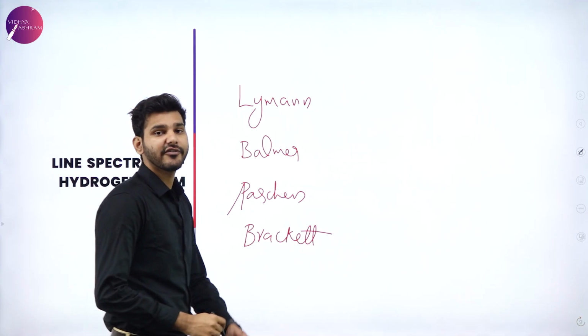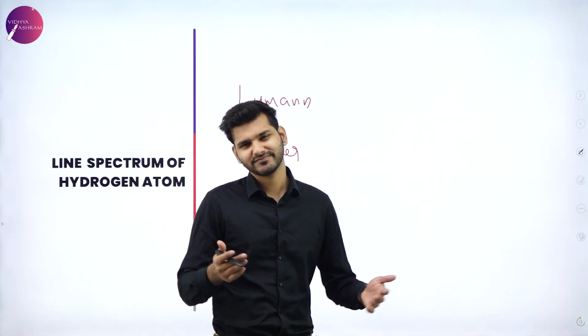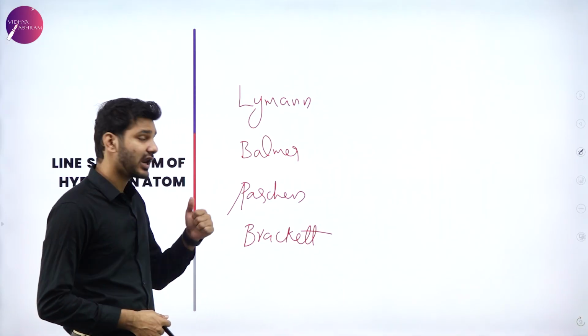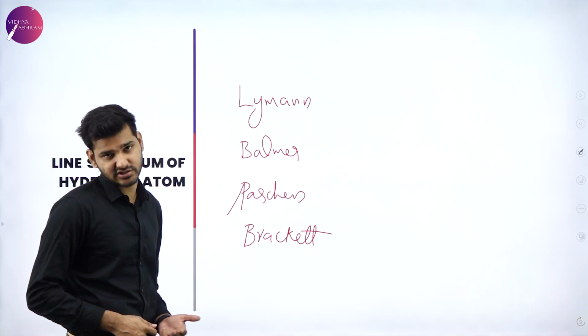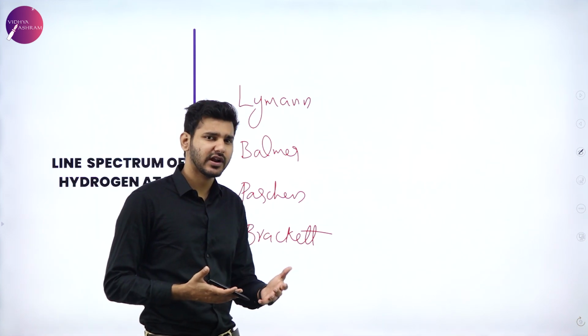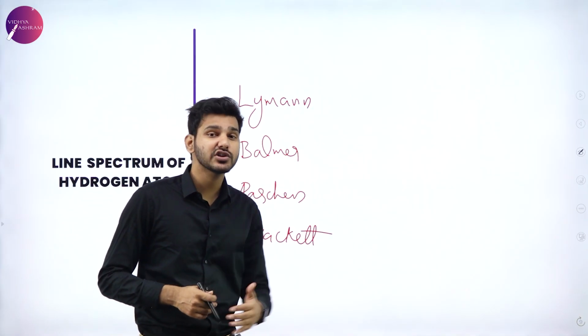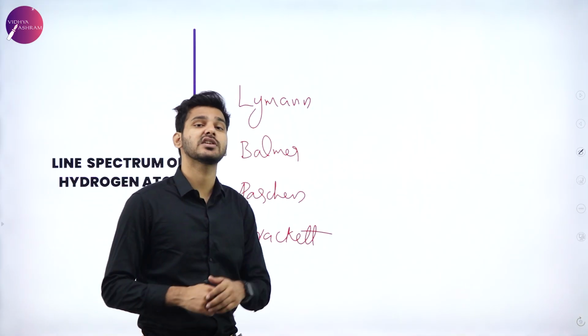You have the Pfund and Humphreys series also, but again, they are not of that much importance. But these are the main series: Lyman, Balmer, Paschen, Brackett. So how do they differ, and what are these series? Based on from where to where you are jumping, all of these series come into effect.